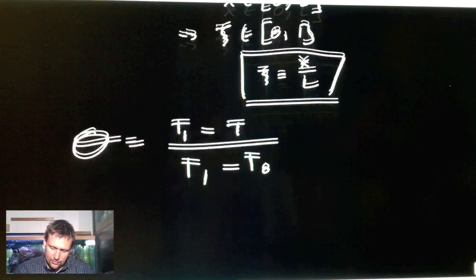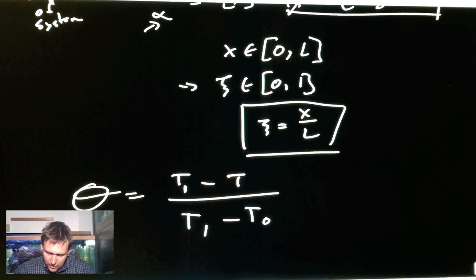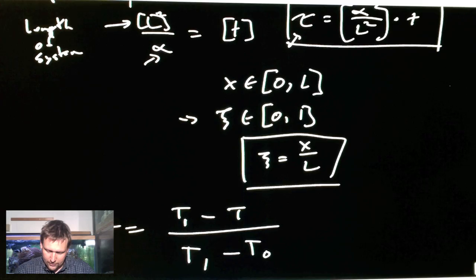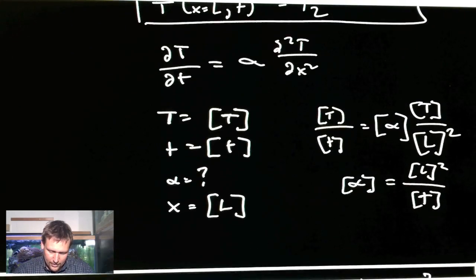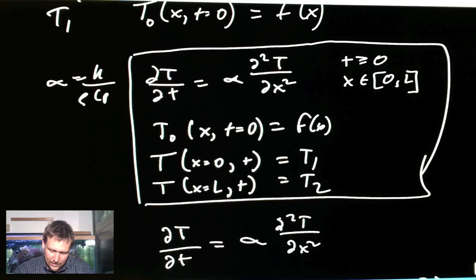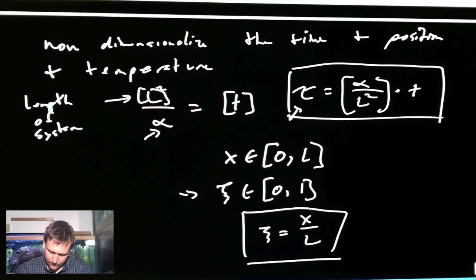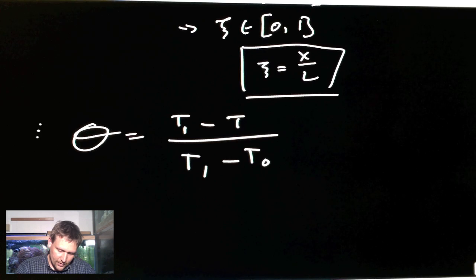And what is T0? T0 is our initial condition. For the simplicity of this problem, let's specify this as a constant, and we can later relax that condition.